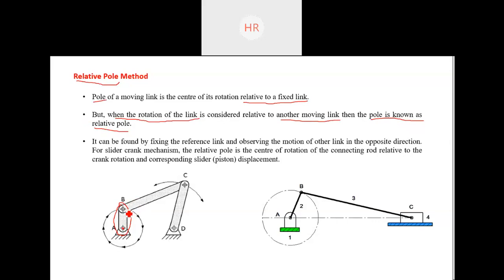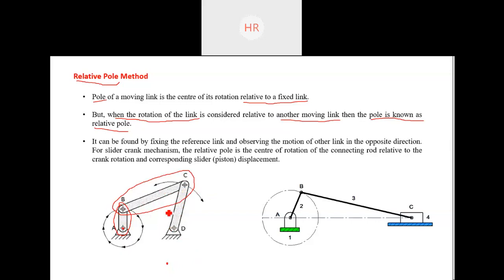If you observe the motion of this 4-bar mechanism, this link BC will look like it is rotating about some invisible center.